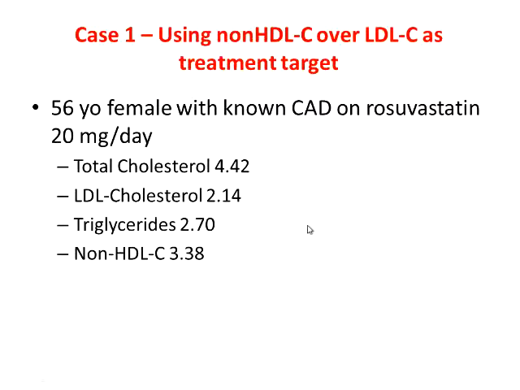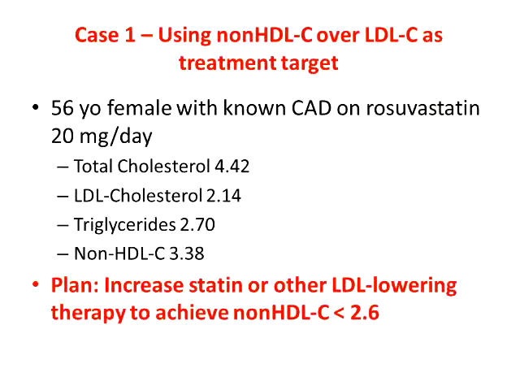So you might say, well, I don't know if I really need to increase her statin dose, but her triglyceride level is 2.7, where again, you can't really trust this level, and her non-HDL cholesterol level is 3.38. So the recommendation then, based on the guidelines, would be to increase her statin or other LDL-lowering treatment to achieve non-HDL less than 2.6.